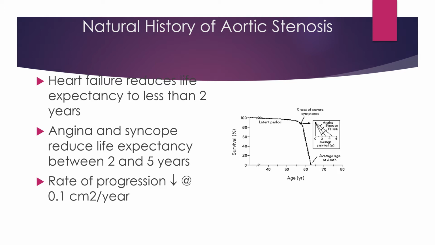Angina and syncope reduce the life expectancy to between 2 to 5 years, and the rate of progression increases at an area of less than 1 square centimeter. And this is the famous graph which shows the onset of angina, syncope, and failure.